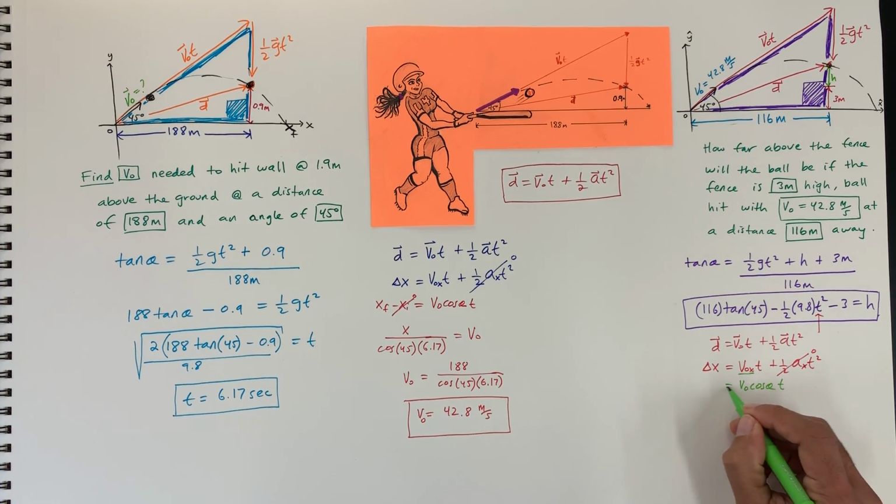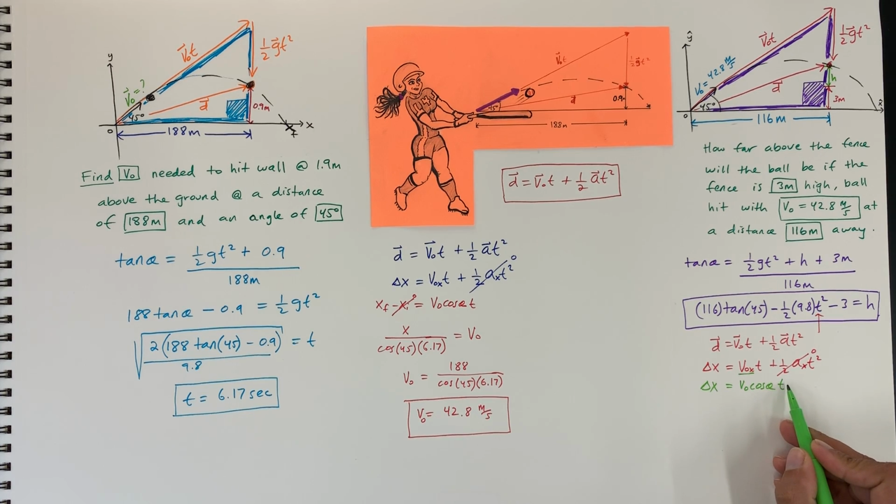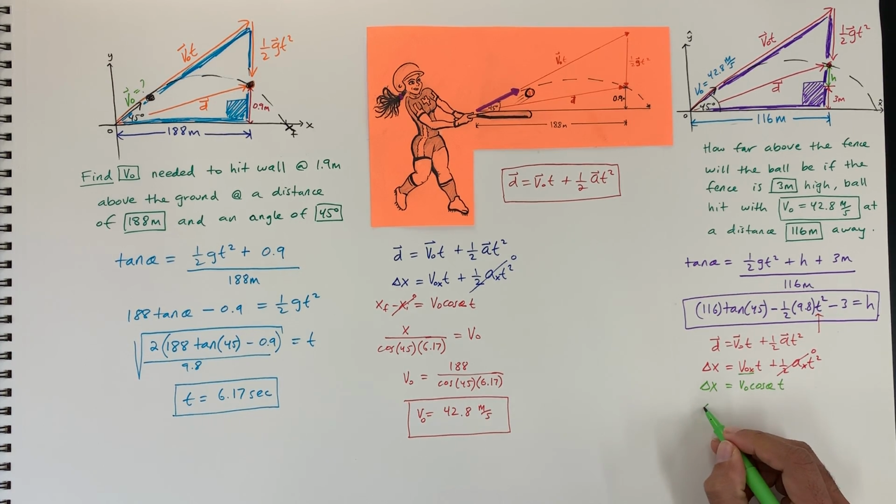Times time, and we have the change in x here. All right, so now we're able to solve for time. So let's pass this velocity initial cosine over to the bottom. Okay, and we have our t equals the displacement, which is 116 meters away, our velocity initial, which is 42.8 meters per second, and cosine of 45.